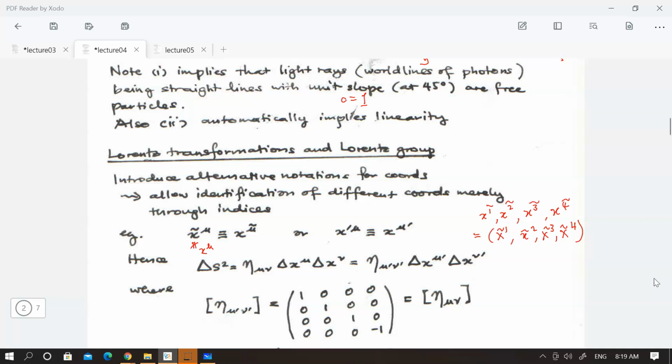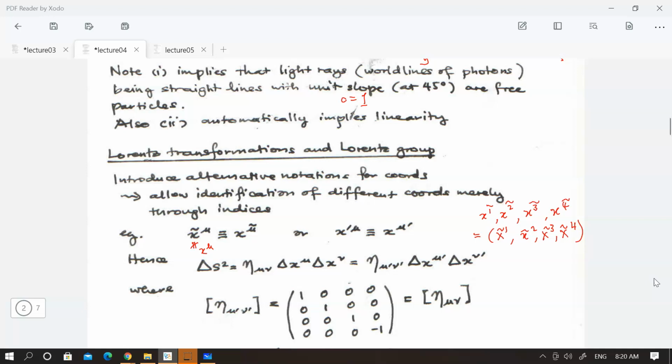So most of the time I'm not going to use tilde, I'm going to use dash because it's easier for me to write. So I replace your x by x dash, for example. Remember we had O dash and O in the previous lecture to refer to different observers in different inertial frames.